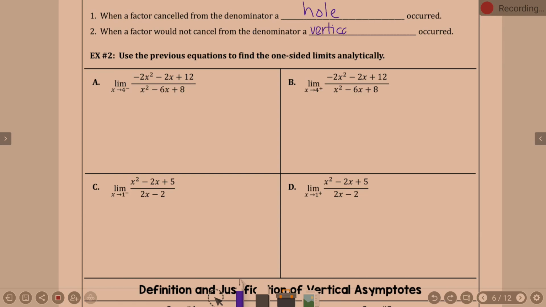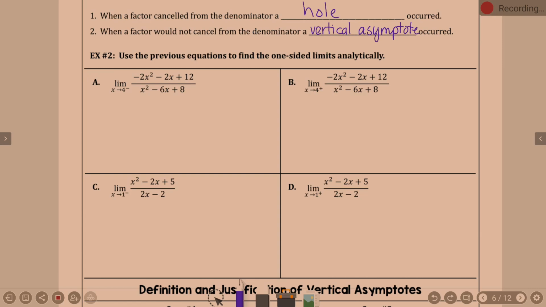A vertical asymptote. In pre-calc, actually in Algebra 2, I taught removable, non-removable. That was a while ago.